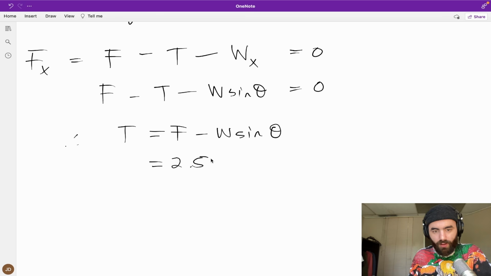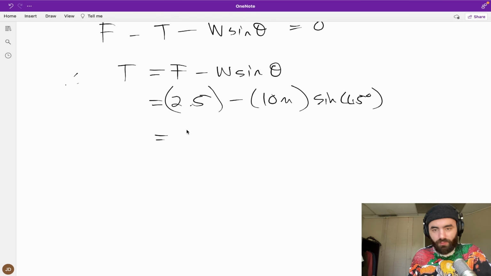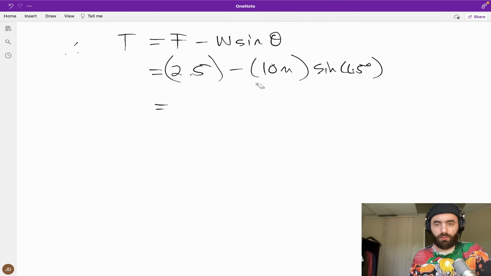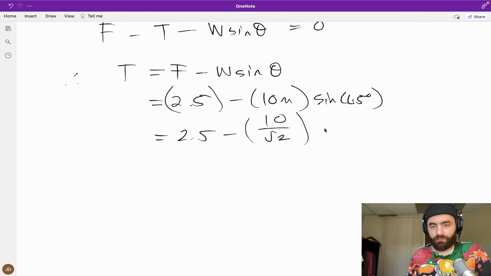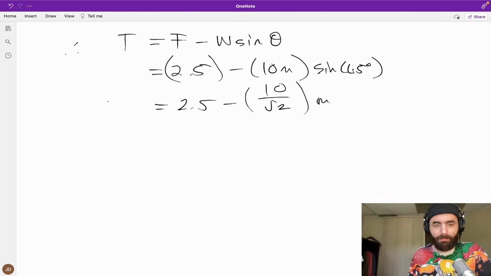F was 2.5. W is 10 m, sine of 45 degrees, which equals 2 sine 45, square root 2. So this is 2.5 minus 10 m times 1 over square root 2. We have an equation for T.